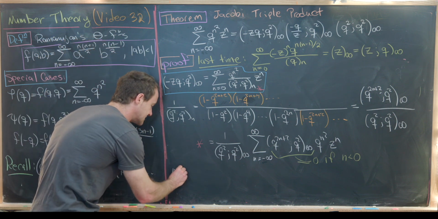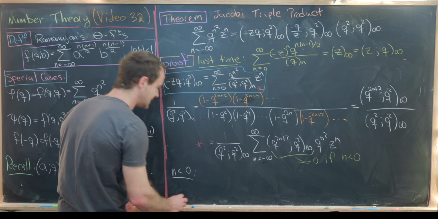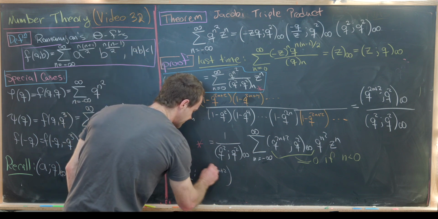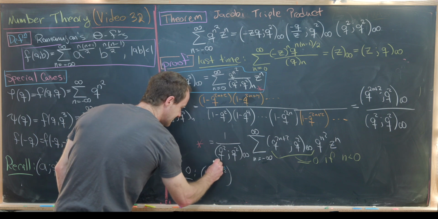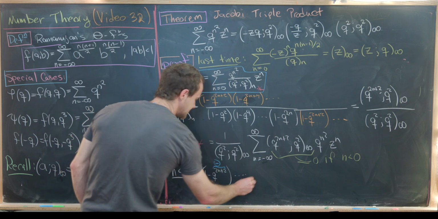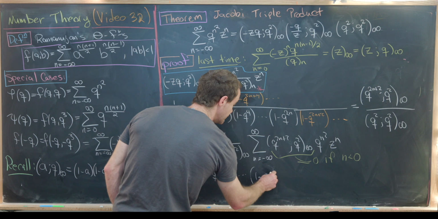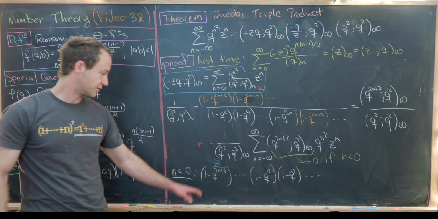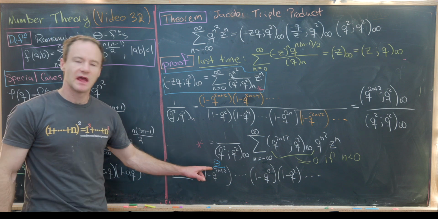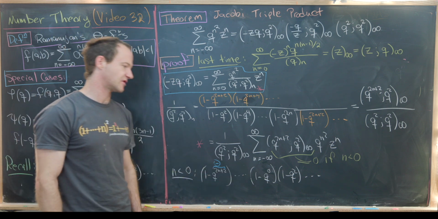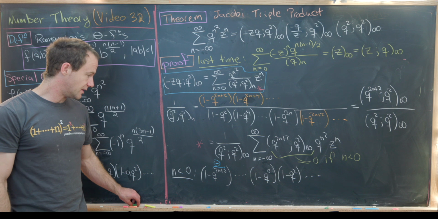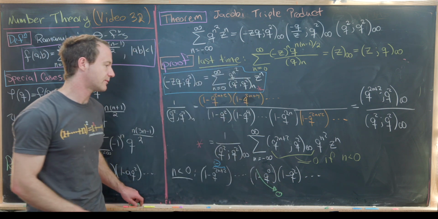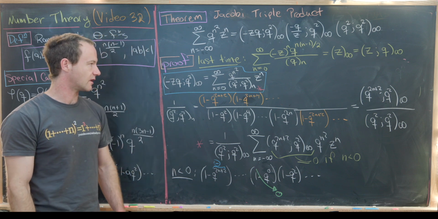If n is less than 0, our product will go something like this: 1 minus q to the 2n plus 2, but this is negative, all the way up to 1 minus q to the 0, 1 minus q squared, and so on and so forth. Because we've got a negative exponent here, and we're multiplying by q squared after every step. But notice that this q to the 0 is 1, so that means this part goes to 0. So that proves this little yellow thing that we've underlined.